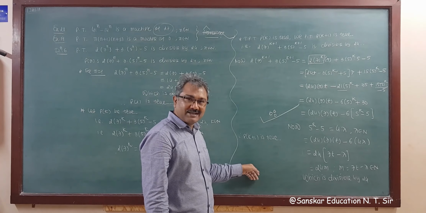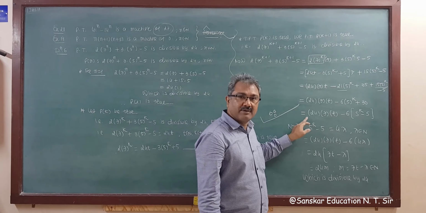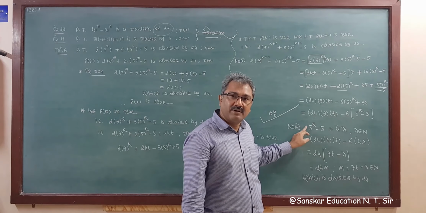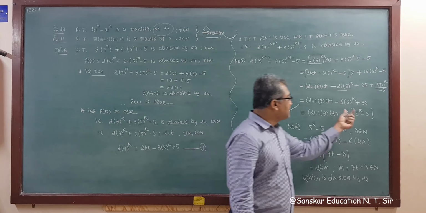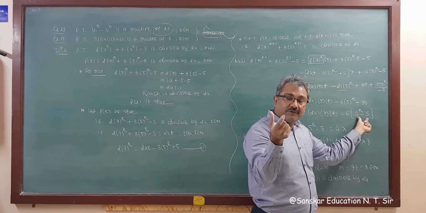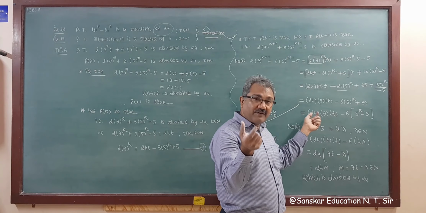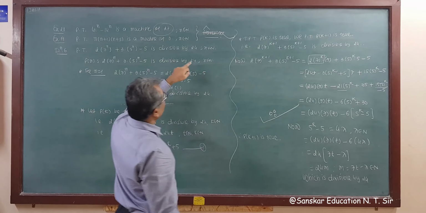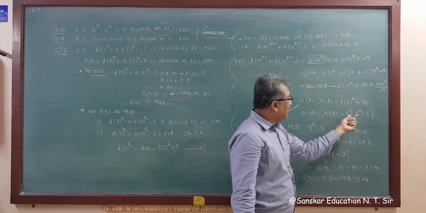Then another 3 steps. So this step, you understood it, right? This is the important step. What to do? We want 24 as a factor, as a multiple of this, because it is given that it is divisible by 24. So for that we are checking this.